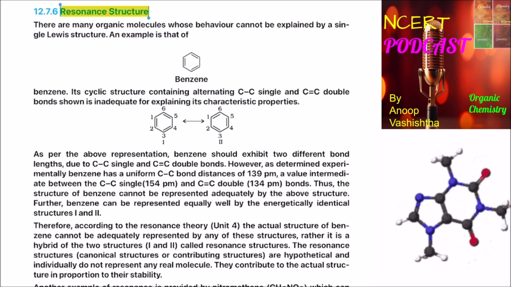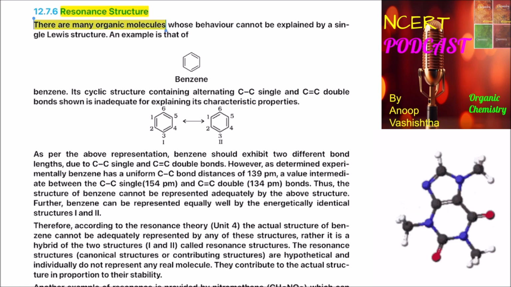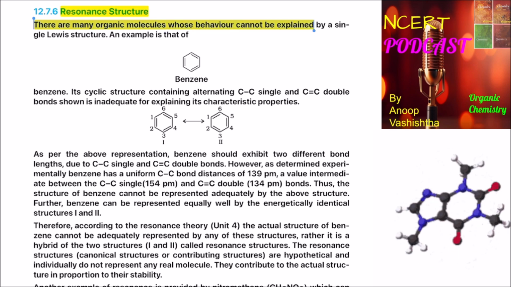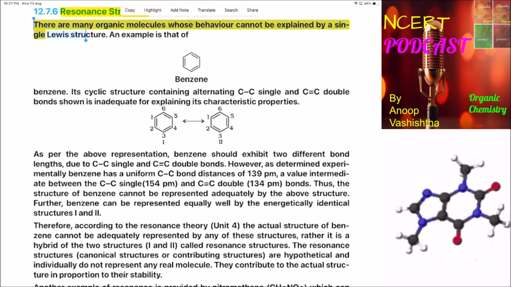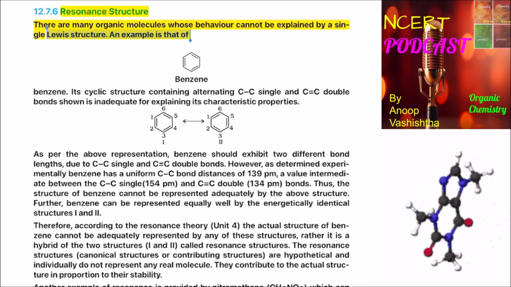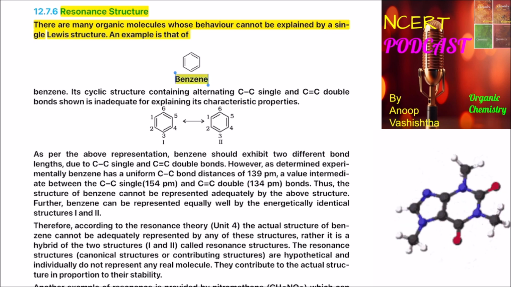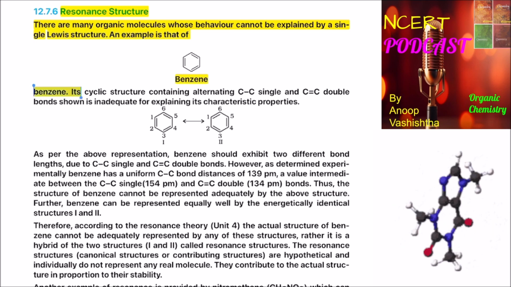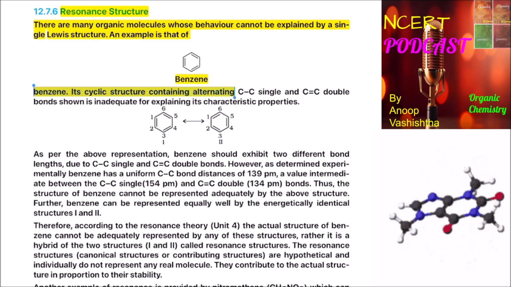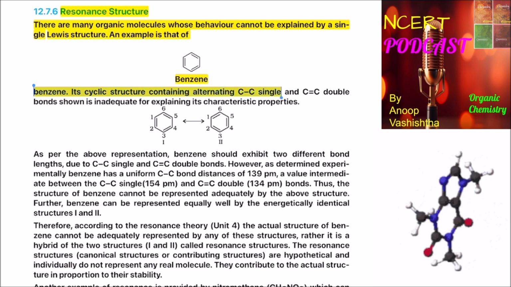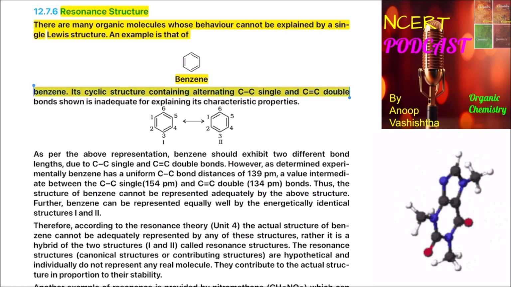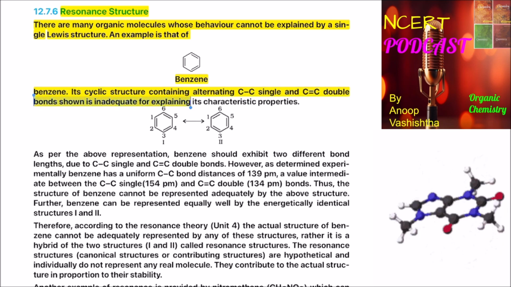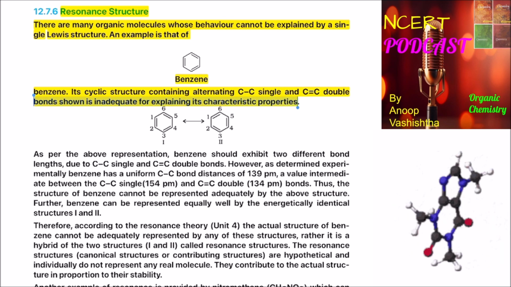Resonance structure. There are many organic molecules whose behavior cannot be explained by a single Lewis structure. An example is that of benzene. Benzene, with its cyclic structure containing alternating C-C single and C=C double bonds as shown, is inadequate for explaining its characteristic properties.